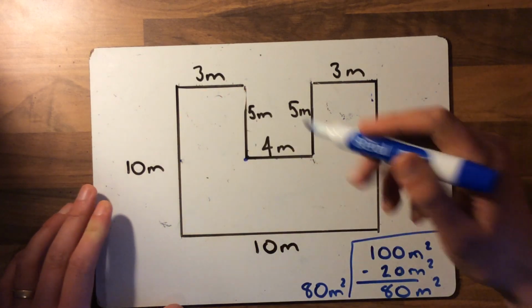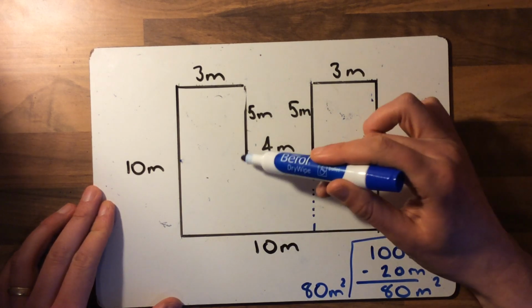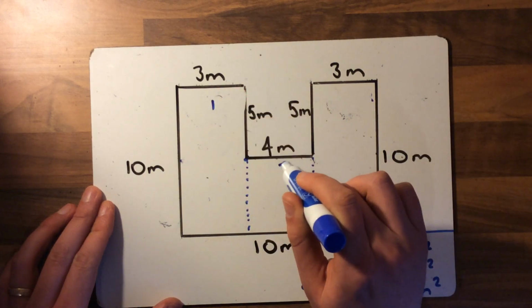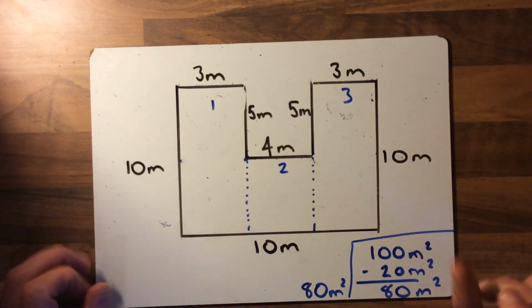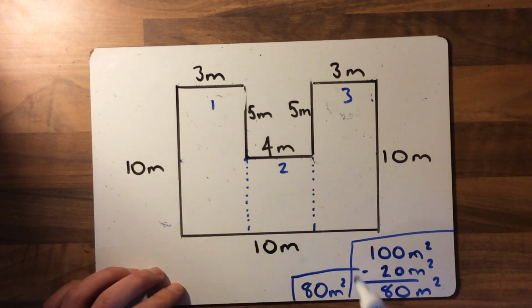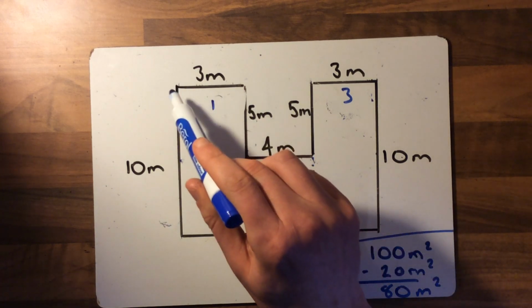So let's have a look at the final way we could have done this. We could have split this shape like this as well. And again, we've created 1, 2, 3 rectangles to work out this shape. So let's work out this one.